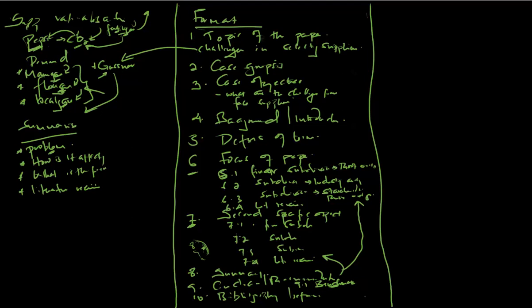So this here is the Harvard Business School format for seminar paper, and I feel it is better compared to what we have been accustomed to in terms of writing proposals and the structure of those proposals.